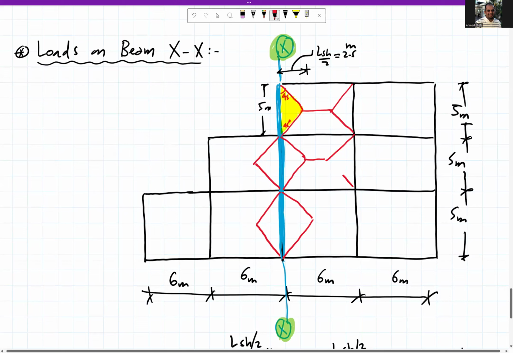And the long direction will take the trapezoidal. So our XX beam will carry one triangle in the first bay and two triangles in the second and third bay.